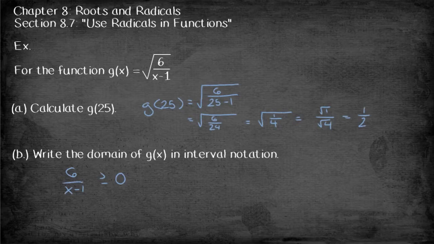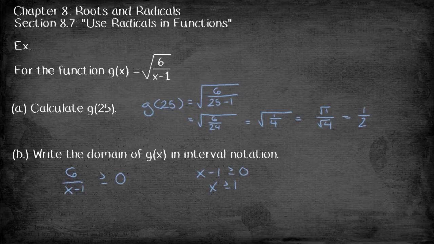So really, the only thing that I have to worry about is when the denominator is negative. So in other words, I want x minus 1 to be greater than or equal to 0, because that's when the denominator is going to be non-negative. So x greater than or equal to 1. Okay, if I want my radicand to then be non-negative, it has to be greater than or equal to 1.